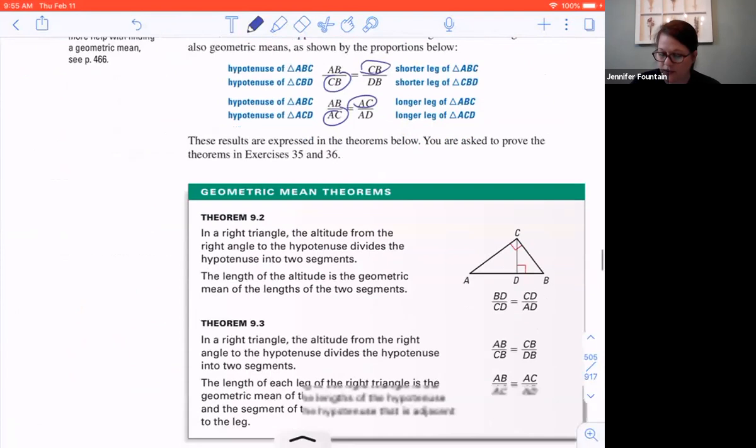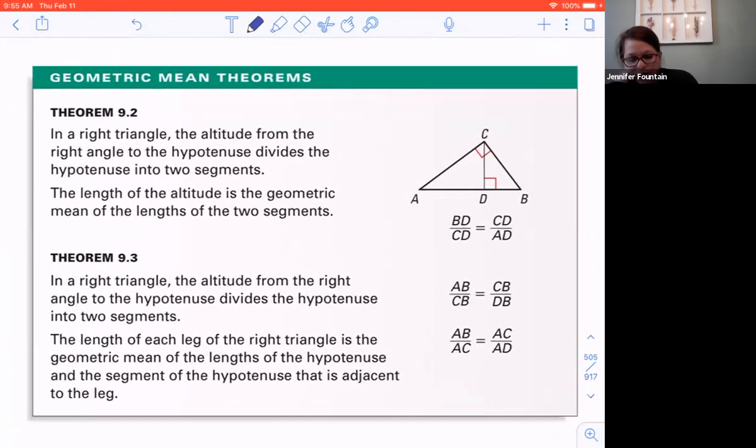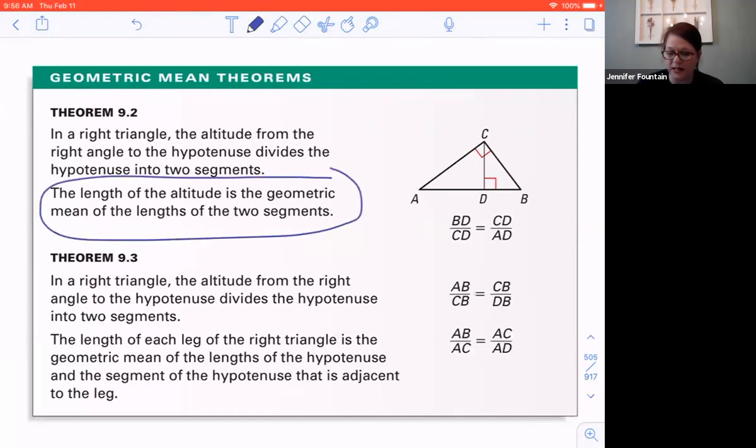So it says, so geometric mean theorems. Theorem 9.2, in a right triangle, the altitude from the right angle to the hypotenuse divides the hypotenuse into two segments. The length of the altitude is the geometric mean of the lengths of the two segments.